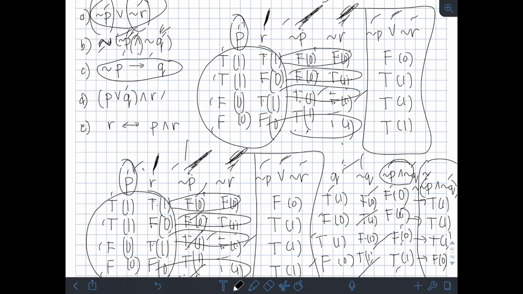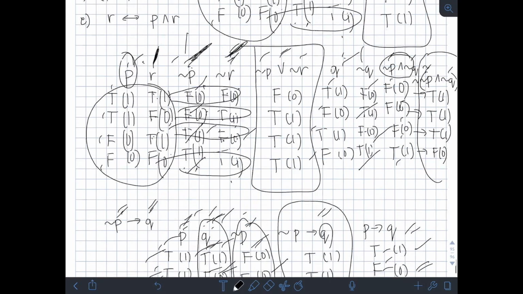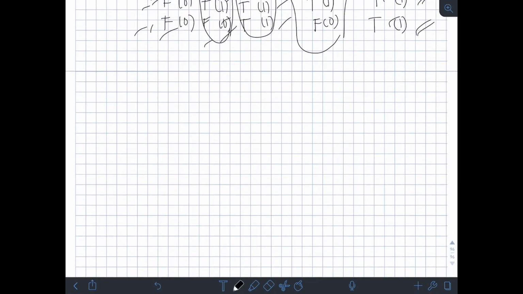Okay, next we have P or Q and R. Okay, so this time meron na tayong tatlong variables na involved. So therefore, yung possible inputs natin is 2 to the third, right, or 8. So, sige, gawa natin ng truth table. Gawa tayo ng column for P, Q, at R, right?